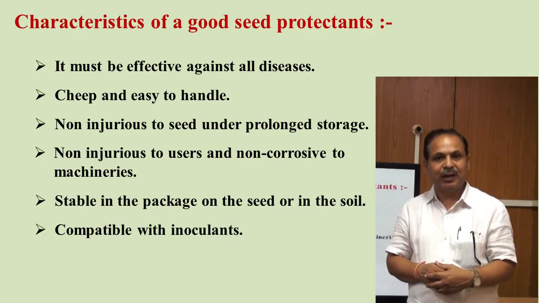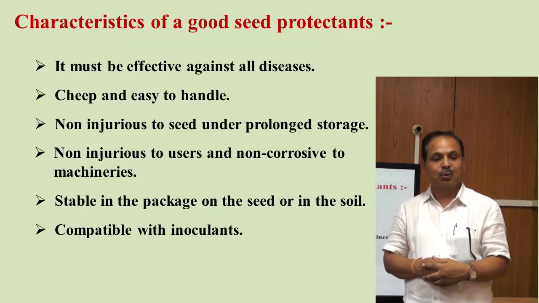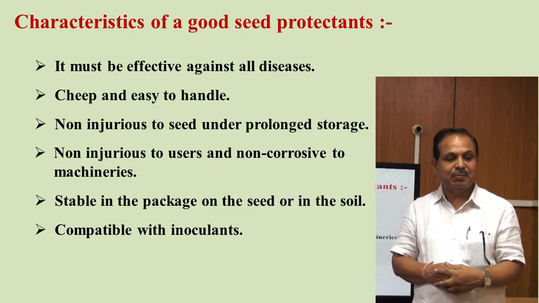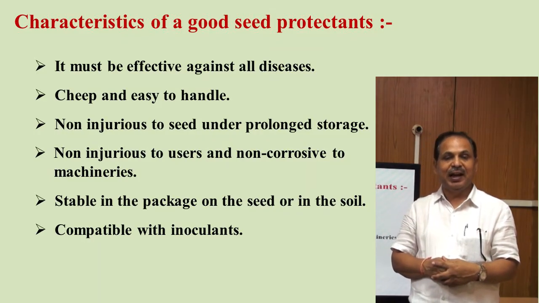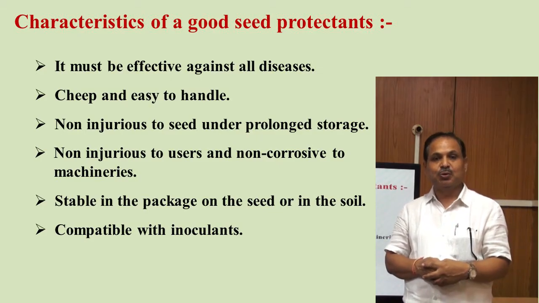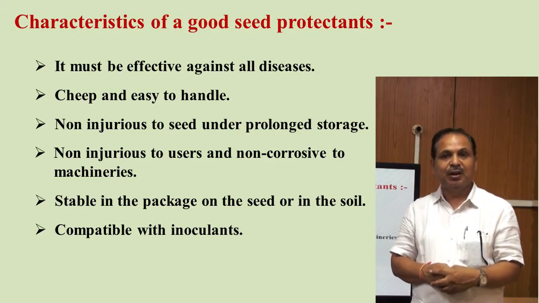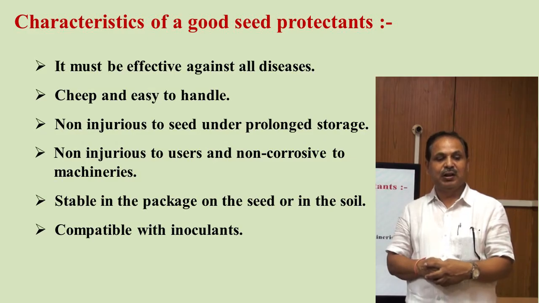Characteristics: the protectants should have some good characteristics. It must be effective for all diseases, cheap and easy to handle, and it should not be injurious to the persons concerned with the seed treatments.